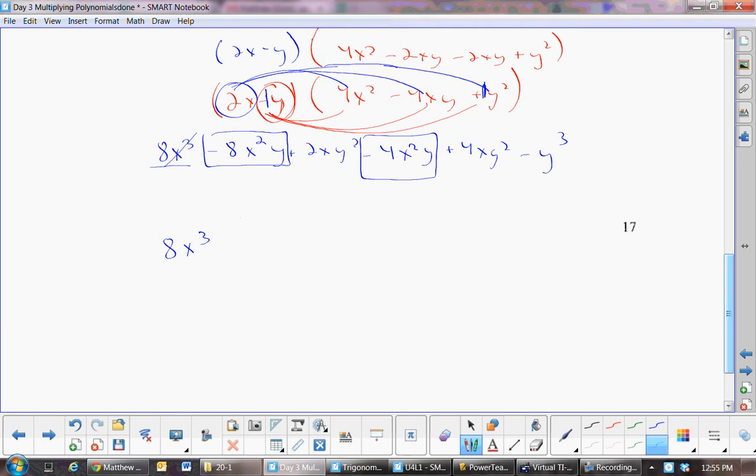No. So we would have negative 12x squared y. Cross them out. Okay. 2xy squared and 4xy squared, 6xy squared, minus y cubed. Fun, hey? So fun.